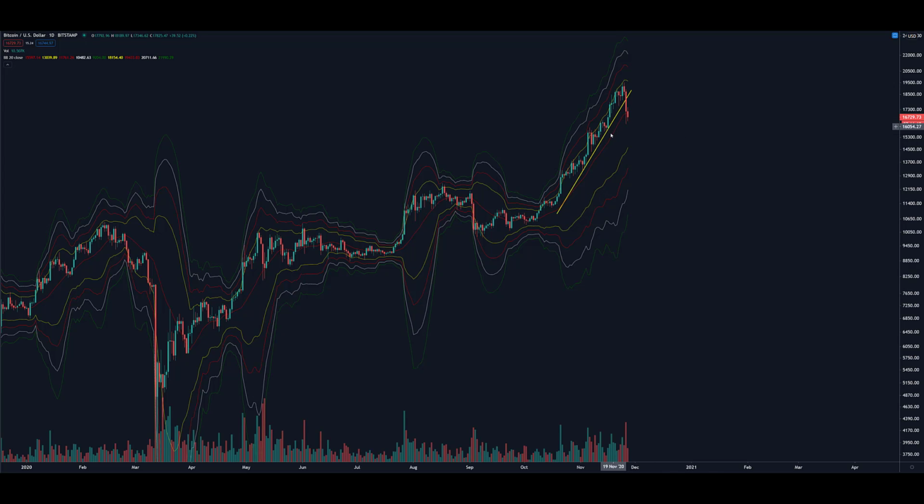It has also gone below the median line band, and likely it'll go towards the -2 standard deviation. This is -2, -3, -4, -5 standard deviation. So basically you're looking at a bell curve.